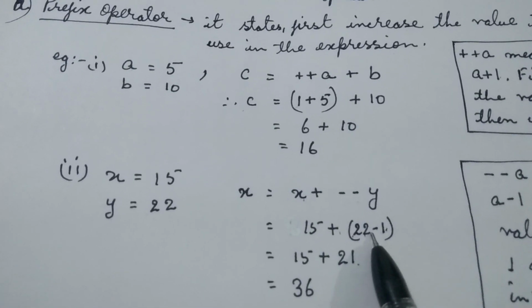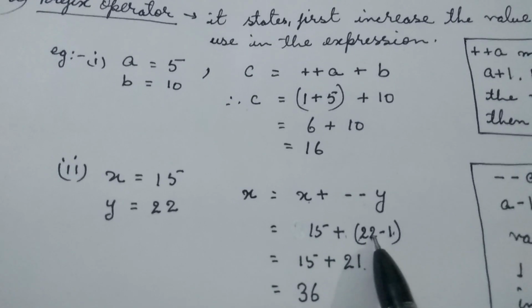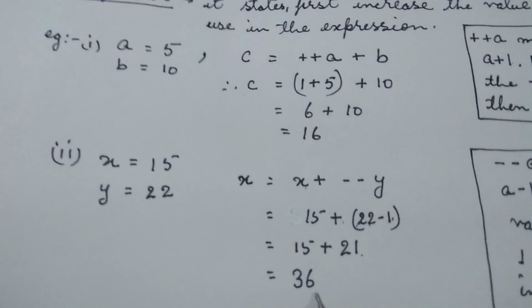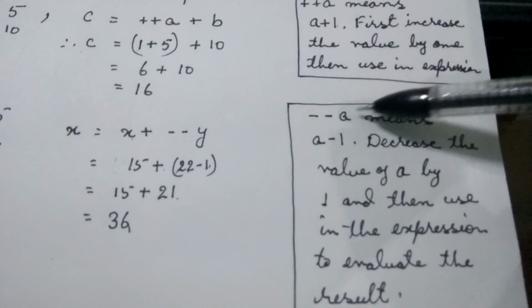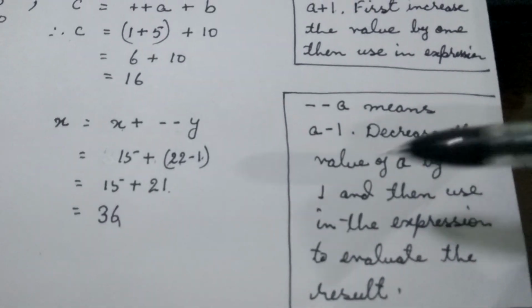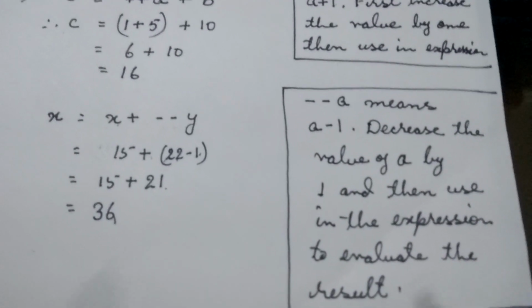So it will become 21. Instead of 15 plus 22, we do 15 plus 21 and the result is 36. Revising the note again: minus minus a means a minus 1. Decrease the value by 1 and then use it in the expression to evaluate the result.